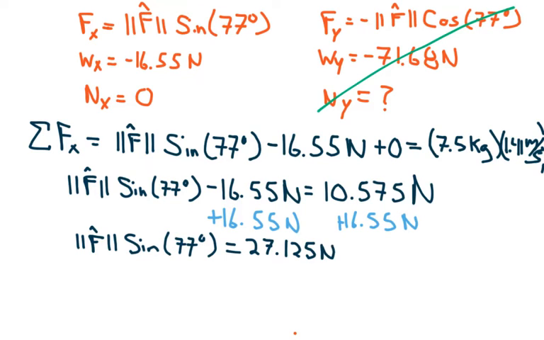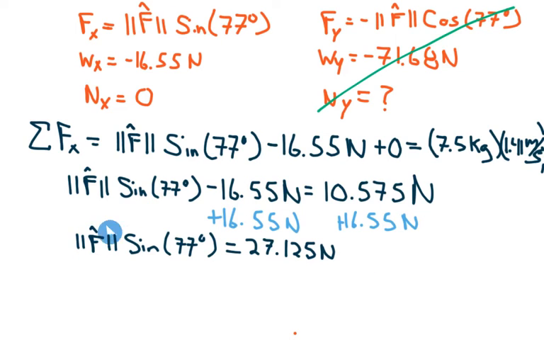Now, if you got something slightly different, it's probably because you used the rounded version of 16.55. But remember, I'm not using 16.55. I'm using the 16.5500989702 that showed up on my calculator, and adding that to the 10.575 gives me the 27.125, which also has more digits that I'll carry out throughout my calculations. But it's just too tedious to write here.